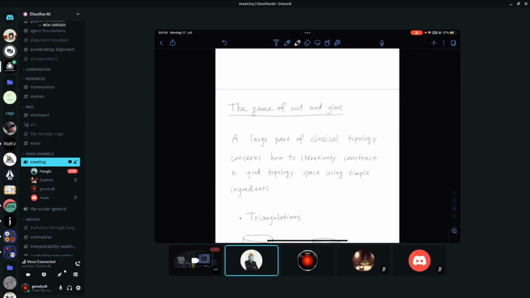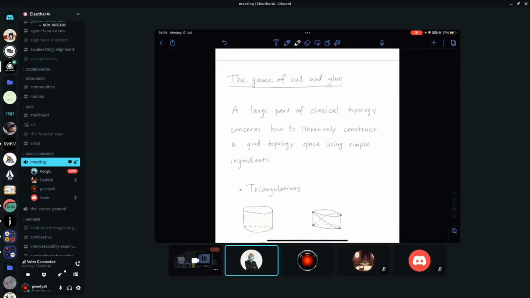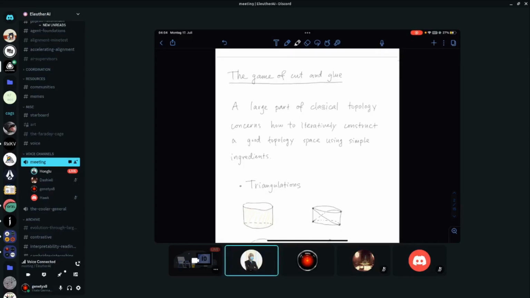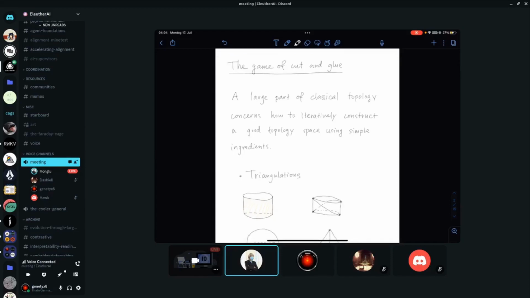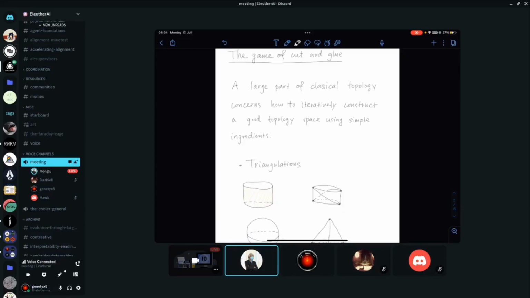First of all, this is the thing that I really enjoyed when I was an undergrad: this game of cut and paste, or cut and glue. When we do topology, the idea is very concrete. We just want to play with spaces and do all kinds of operations without breaking them. A large part of classical topology concerns how to iteratively construct a good topological space using simple ingredients.